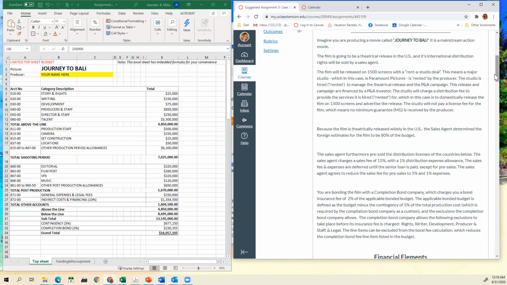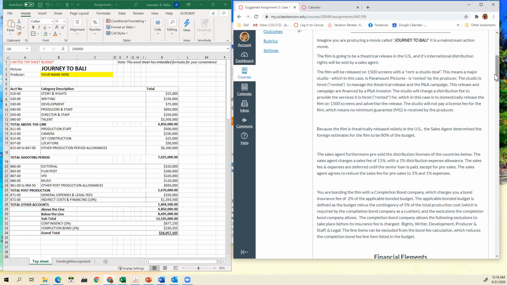Wide release means anything over 1,000 screens is considered in the international market by many distributors a wide release. So therefore they pay a little more as a minimum guarantee. So in this case, our assumption is 80% of the budget for international distribution rights revenues.